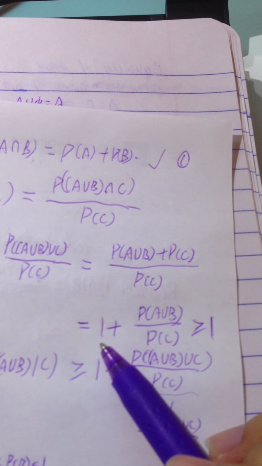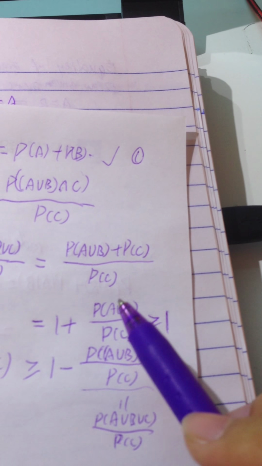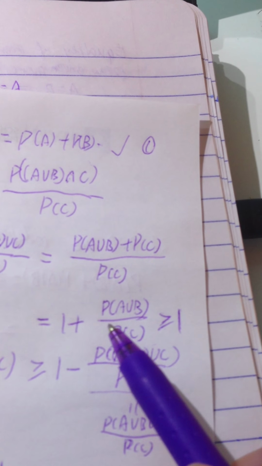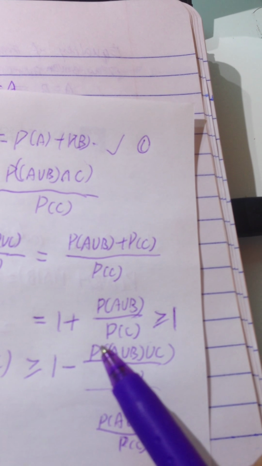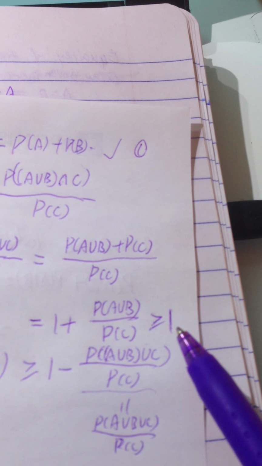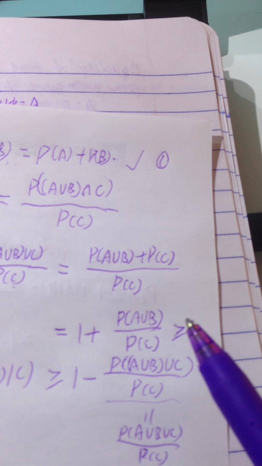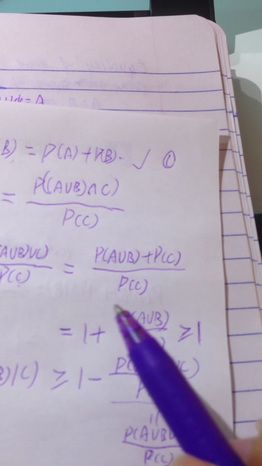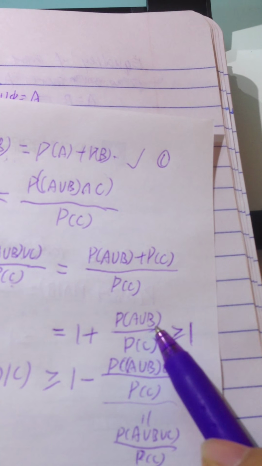That is 1 plus the probability of A union B, over the probability of C, which is no less than 1, because of the first axiom that the probability of A union B is no less than 0.